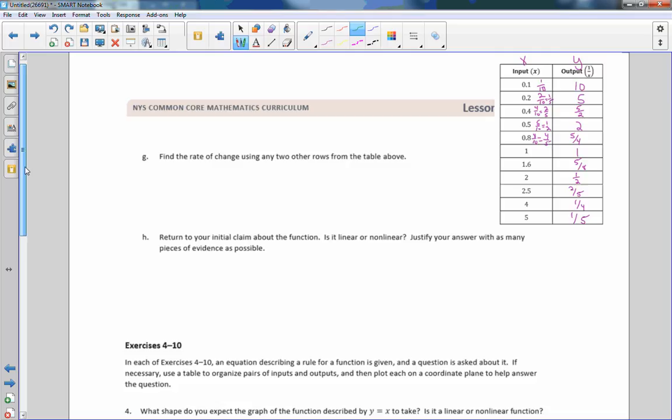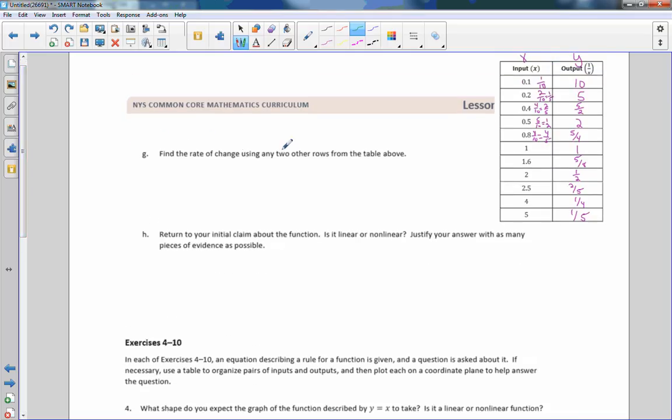Okay, and we're going to continue. G, so I've already brought this one in. Find the rate of change using any two other rows from the table above. Oh, I don't know. Let's close my eyes and pick one. Let's do an easy one for a change. Let's do integers for x. So that's going to be y2 minus y1 over x2 minus x1 equals 1/5 minus 1/4 divided by x2 minus x1, 5 minus 4. Okay, I need to convert this to 20ths.